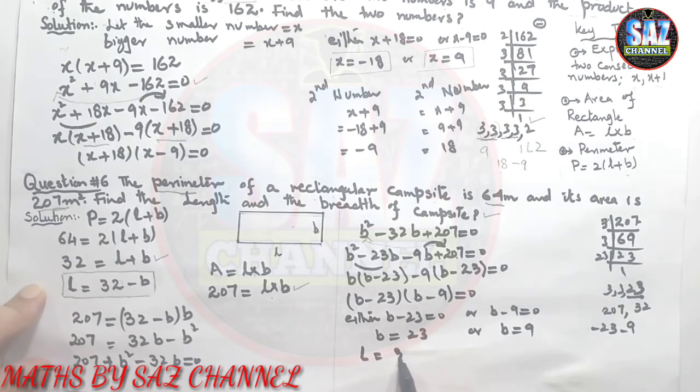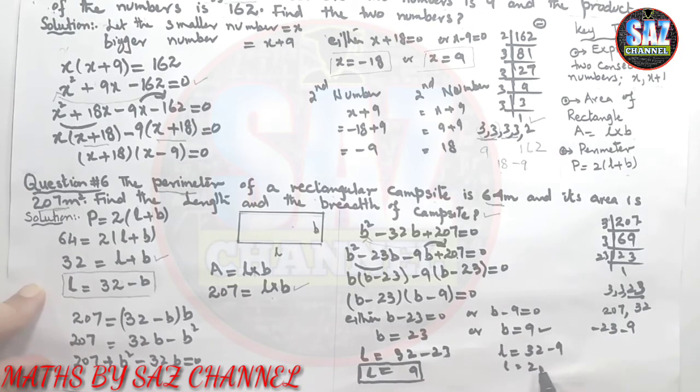Length will be equal to 32 minus 23, which is 9. And when my breadth is 9, then length will be 32 minus 9, which is 23.